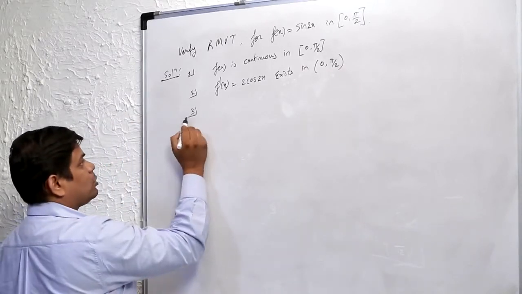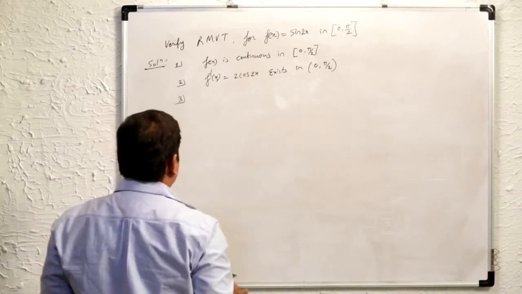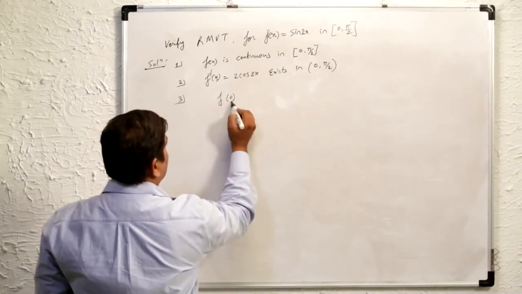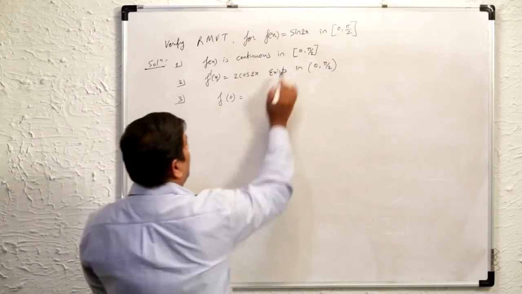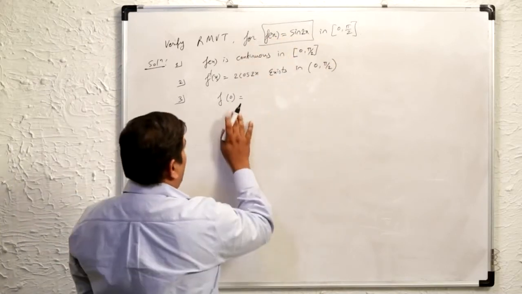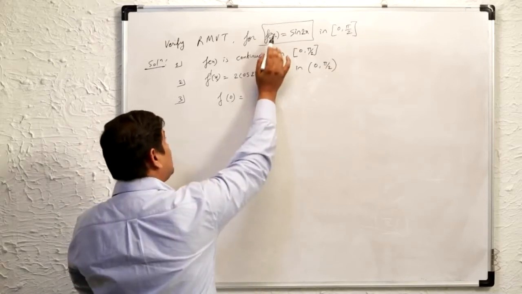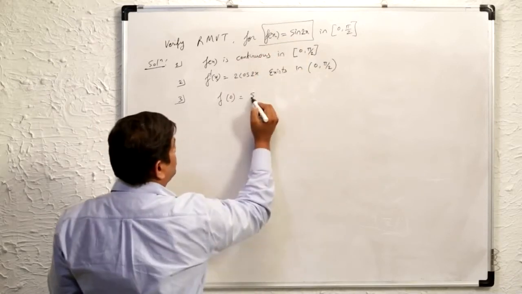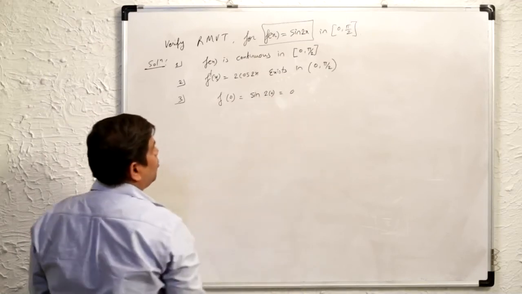Third step is to show f of a and f of b are equal. In this case, you have to find f of 0. What is f of 0? You are going to substitute x as 0 in the given function. Please understand, we are finding f of 0. So replace x by 0 in this, which is sine of 2 times 0, which is sine 0, gives you 0.